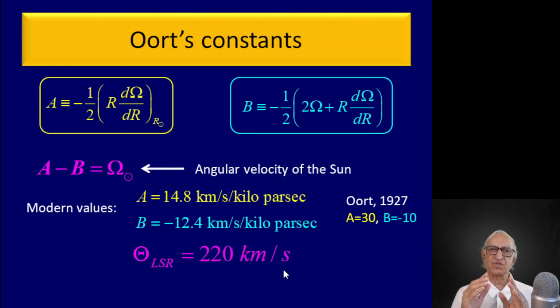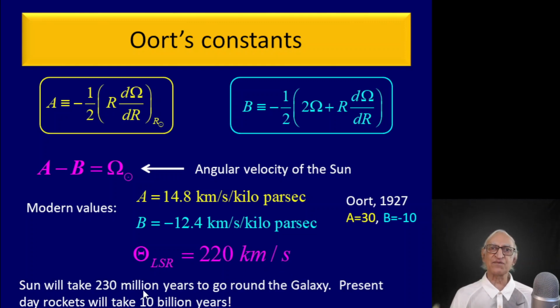Therefore, to summarize, one can deduce from observing the nearby stars and resolving their velocities in terms of radial velocities and transverse velocity, the circular velocity of the solar neighborhood, and that is 220 kilometers per second. Just for your reference, the Earth is going around the sun with a velocity of 30 kilometers per second. The sun is going around the center of the galaxy at a rate of 220 kilometers per second.